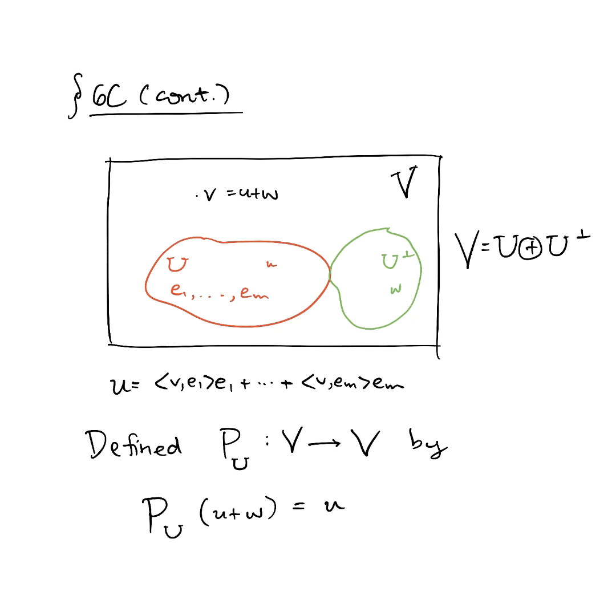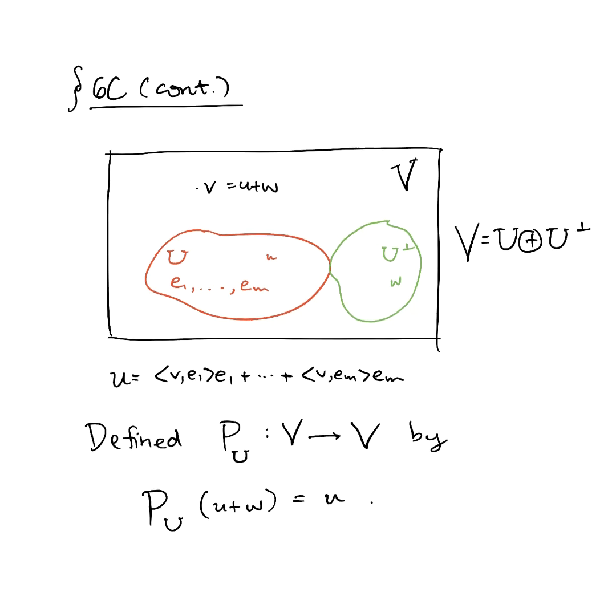So you just lop it right off. The W doesn't matter. So take any input, any vector in V, express it as U plus W, and then lop off the W. That's how this projection works.